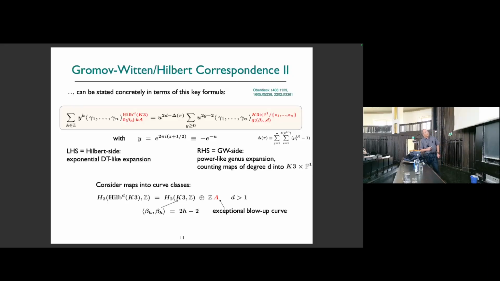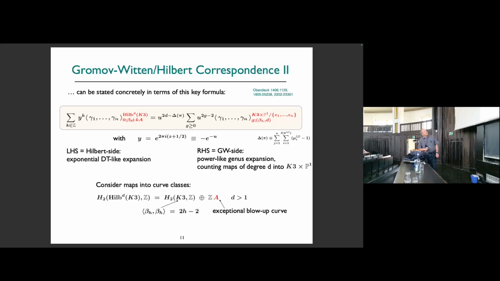Now what it's doing is we compare here two very different expansions. One is in y, the sum over y to the k, and k is just k times this class. y is some kind of exponential variable, so it's like an exponential type Donaldson-Thomas expansion. And on the right-hand side, the expansion parameter is u, it is exponential here. And that is a Gromov-Witten type of expansion.